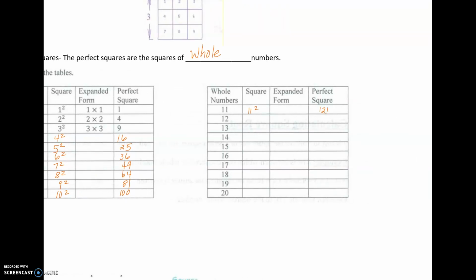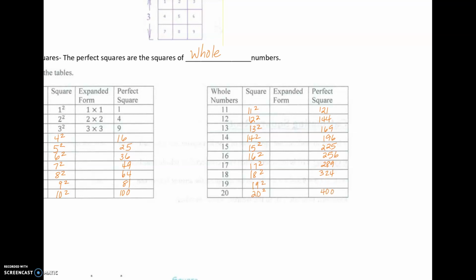11 squared, 121, 12 squared, 144, 13 squared, 169, 14 squared, 196, 15 squared, 225, 16 squared is 256, 17 squared is 289, 18 squared is 324, 19 squared is 361, and 20 squared is 400.